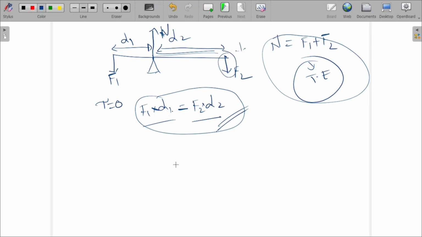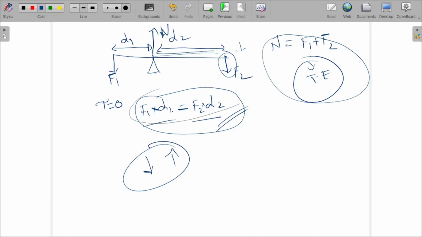In F1 d1, if d1 increases, F1 will decrease, so that the torque stays constant. So if distance increases, less force needs to be applied. If the distance is less, you need to apply more force.